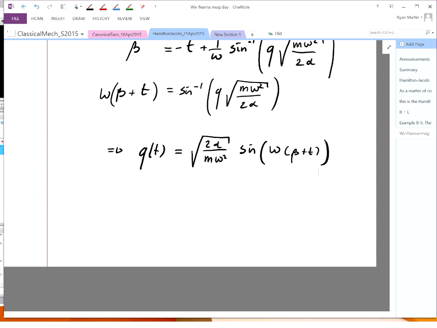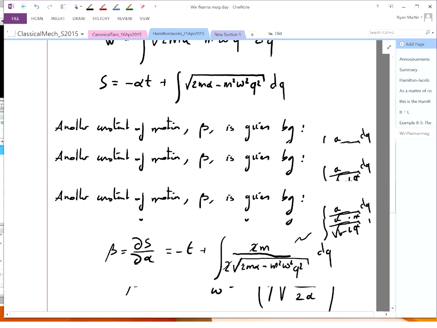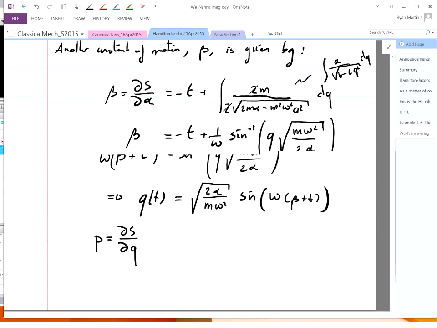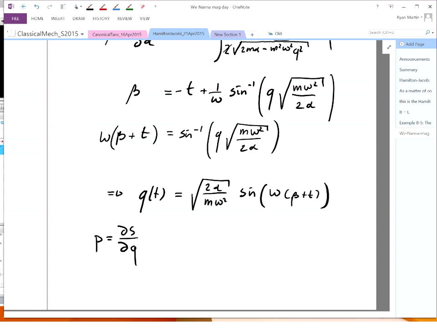So we're not quite done, right? In the Hamiltonian formalism, we should also specify how the momentum changes with time. So the momentum P is ∂S/∂Q from the transformation equation. Right. That's how we started the whole thing in the beginning. We replaced P's with ∂S/∂Q.